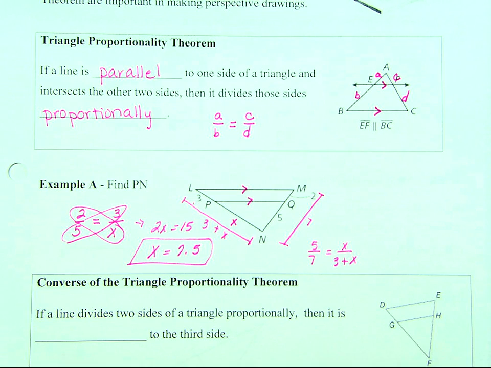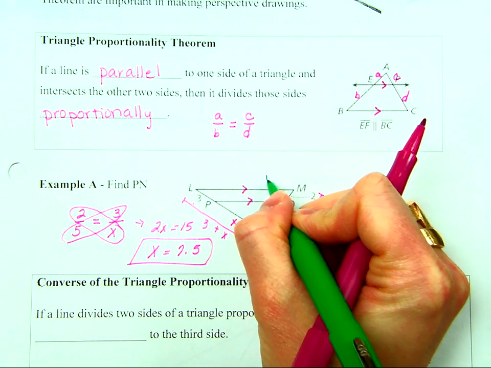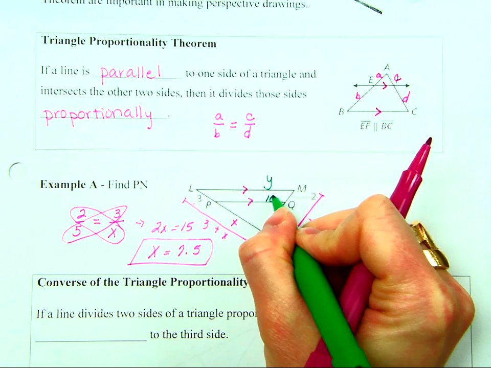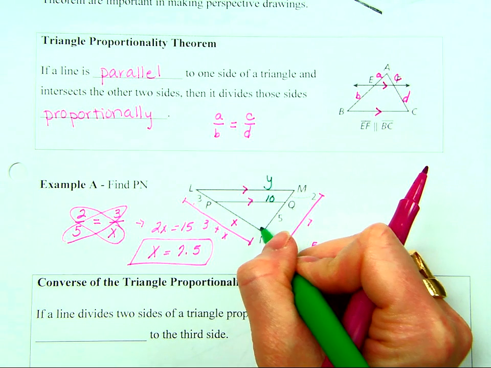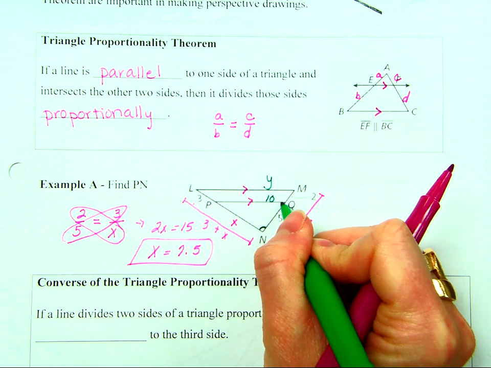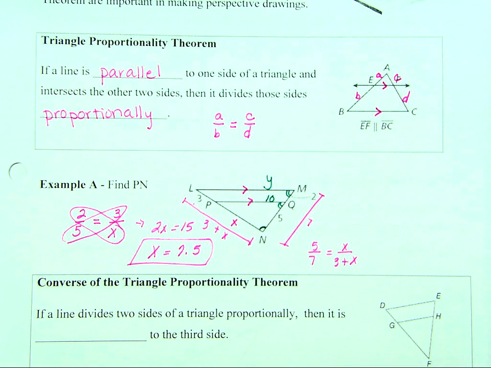Now, what happens if I knew that PQ had a length of 10, and I was looking to solve for y? Well, in this case, I would be using a similar triangle. They have the shared angle here at n, and I have some corresponding angles, so I know they're similar by angle-angle similarity.